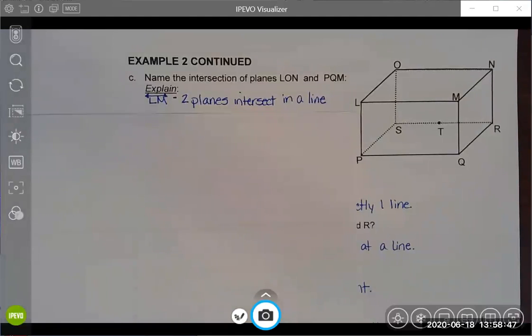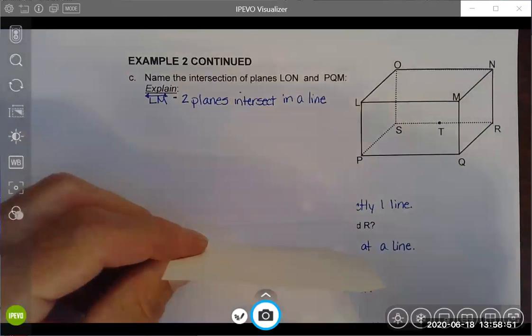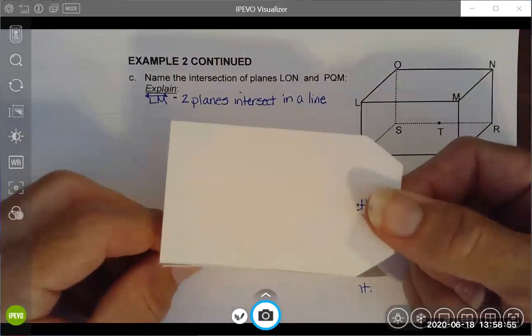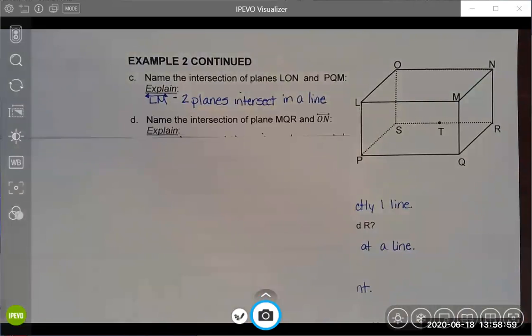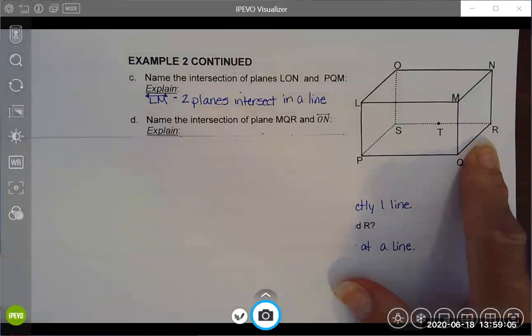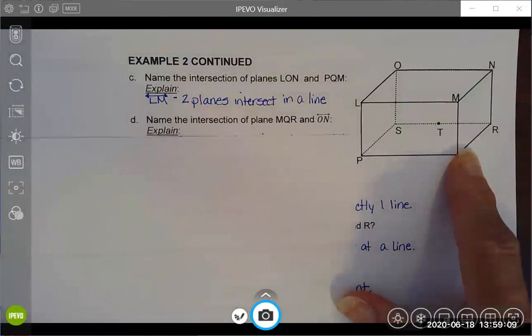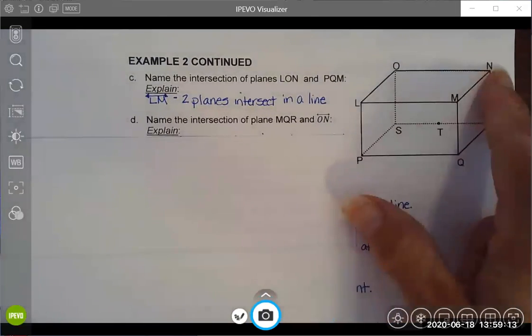And if I wanted to use my little cards, I would say, here's the front. And here, LON, here's the top. And these two intersect at a line. This one says, name the intersection of plane MQR, which is the right-hand side. I'm not great with left and right. MQR is the right-hand side, and line ON, which is this back line.